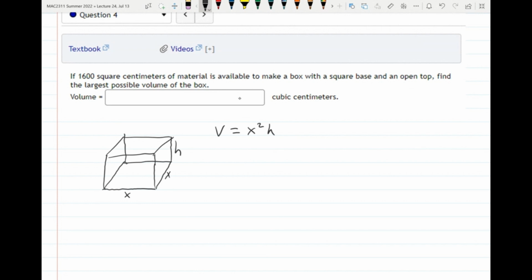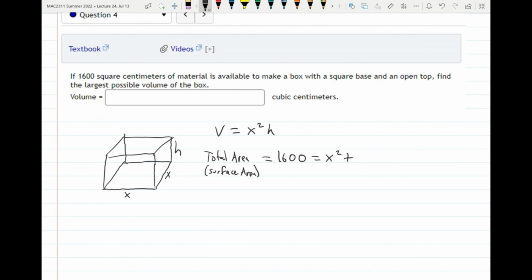So the total area, which in this problem is the surface area, okay, we know it's 1600 square centimeters, and let's come up with a formula for this. So what will be the surface area of this box? Area of the base, which is x squared, plus, and then we have all the faces.